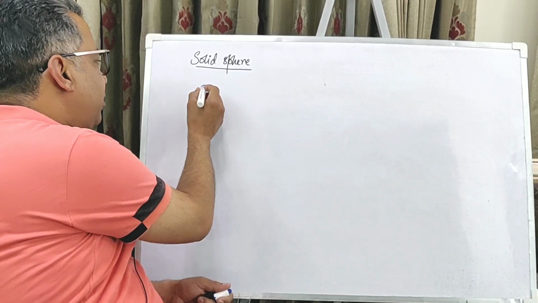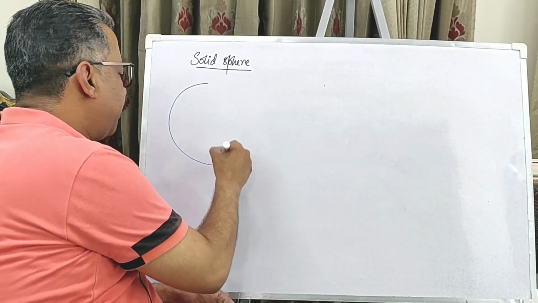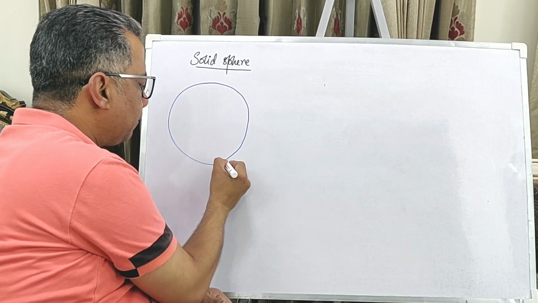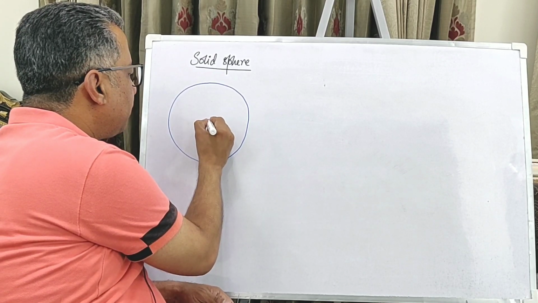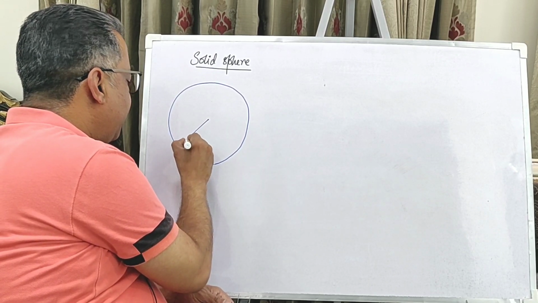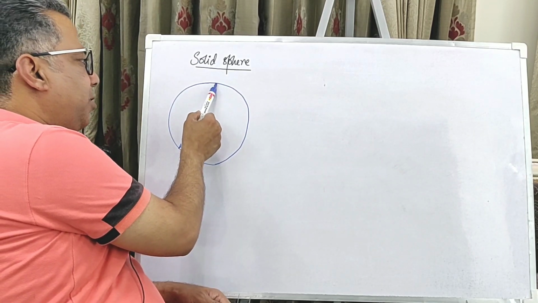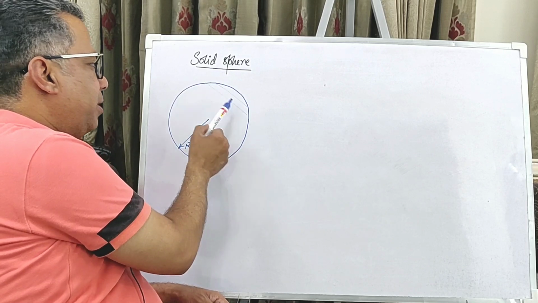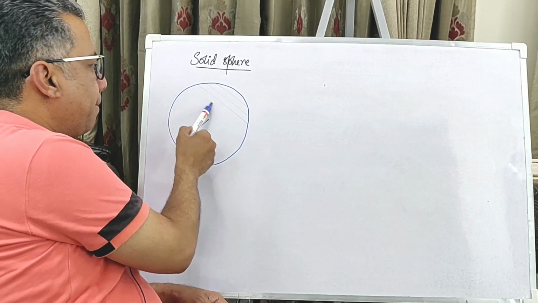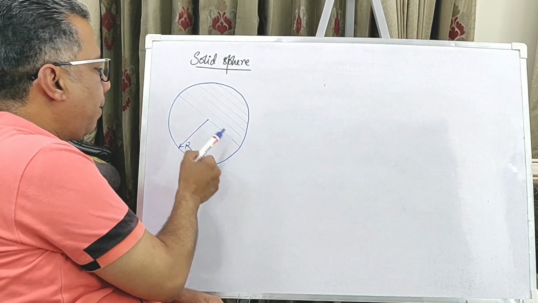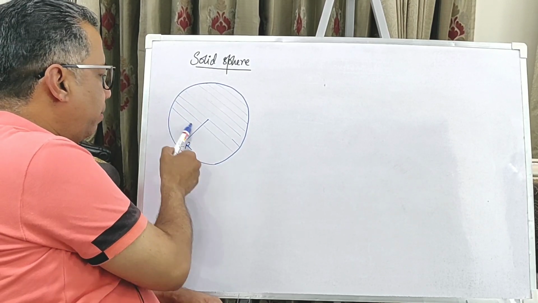So we have a solid sphere of charge here, which has a radius R, it carries a charge Q, and the charge Q is uniformly distributed in its entire volume.